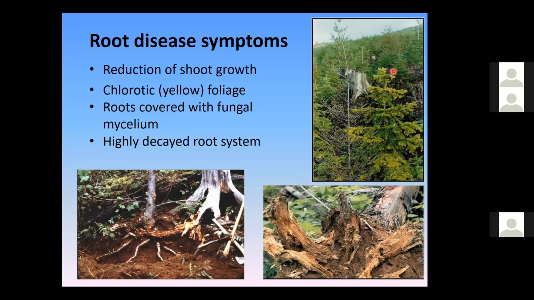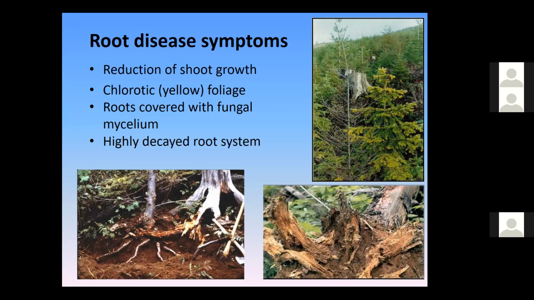And also the amount of growth that it's putting on every year seems to be getting shorter. And so that could be a sign, the yellowing, that it's not getting nutrients like nitrogen or say fertilizer from the soil because its roots aren't functioning. And that reduced shoot growth, obviously, if your roots aren't functioning, you can't grow very fast or very tall.